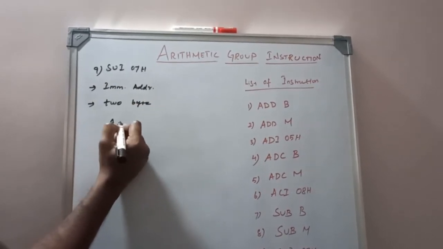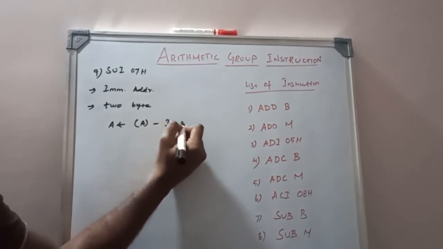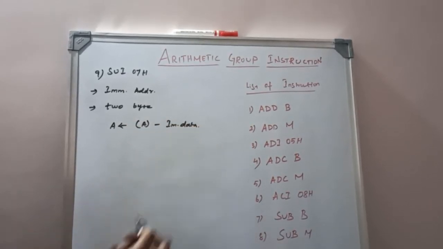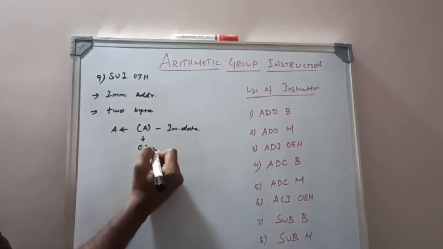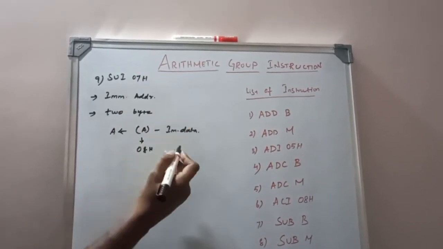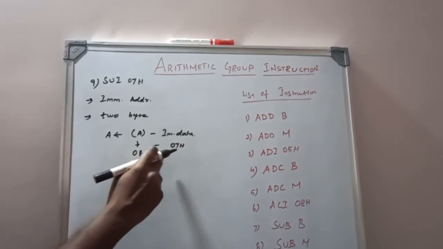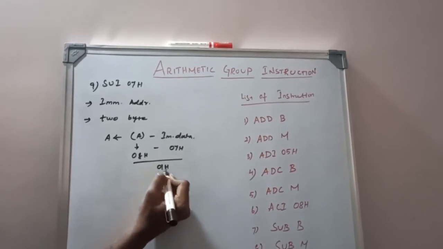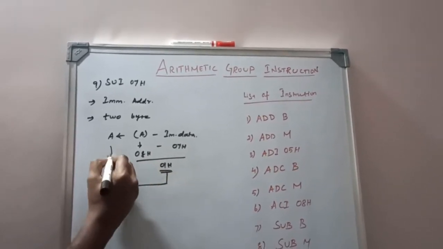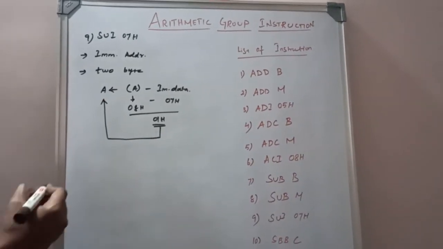The function of this instruction: A value minus immediate data. Let us consider the A value is 08H and the immediate value is 07H. Subtracting the two values, you get the result 01H, and this value is loaded to the accumulator register.